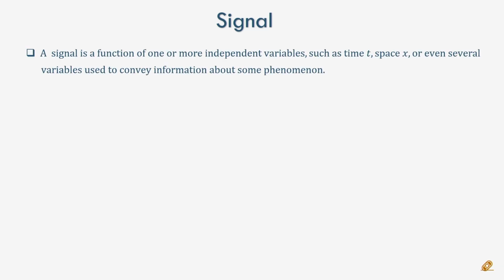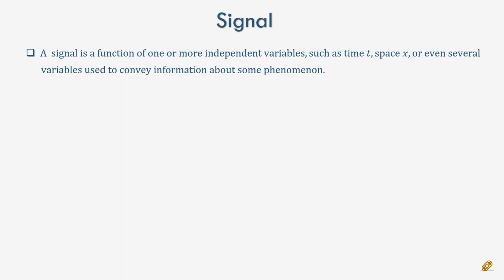So what is a signal? A signal is a function of one or more independent variables such as time, space, or even several variables used to convey information about some phenomenon. Now notice that I have used certain mathematical terms in the statement.